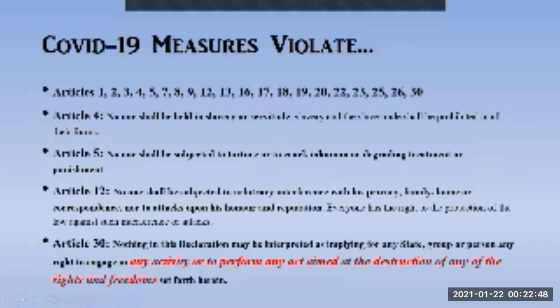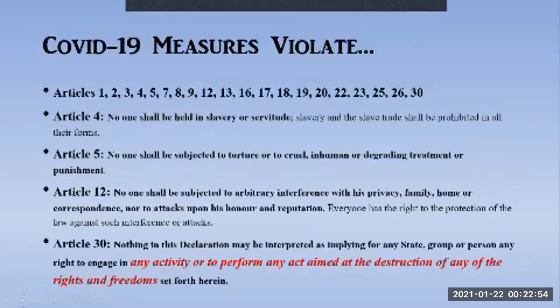So let's look now at Article 4. No one shall be held in slavery or servitude. Slavery and the slave trade shall be prohibited in all their forms. What does it mean to be a slave? What does it mean to be a servant?